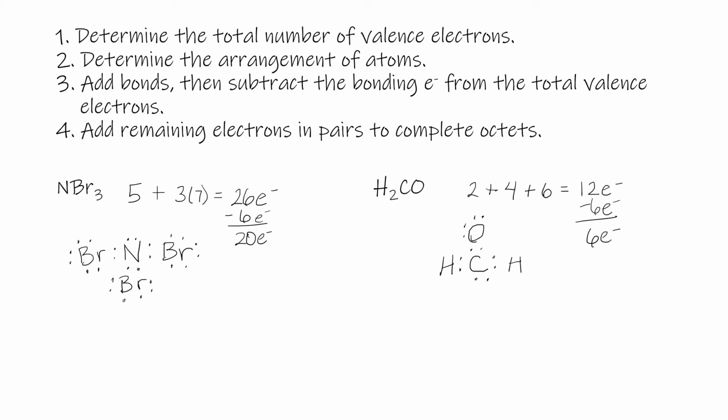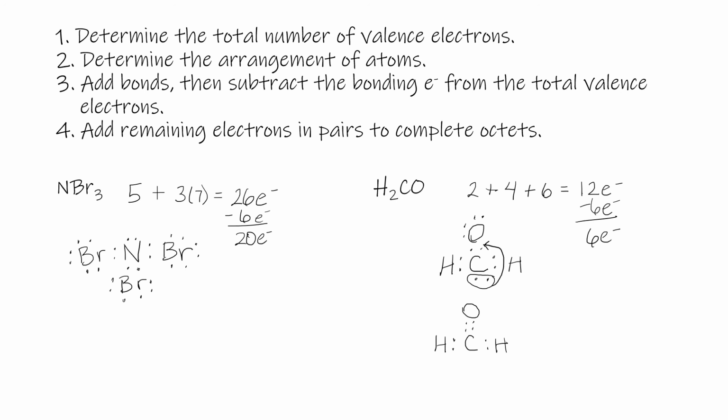If you get to this point, what we're going to do is move a non-bonding pair. What I mean by non-bonding is that this pair of electrons underneath carbon is not involved in a bond. So I'm moving that non-bonding pair up here to form a double bond. I will rewrite that. Instead of having just a single pair between the carbon and oxygen, I'm going to have 2 pairs between carbon and oxygen, and that forms a double bond.